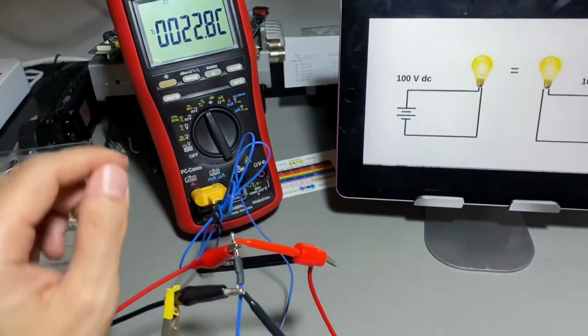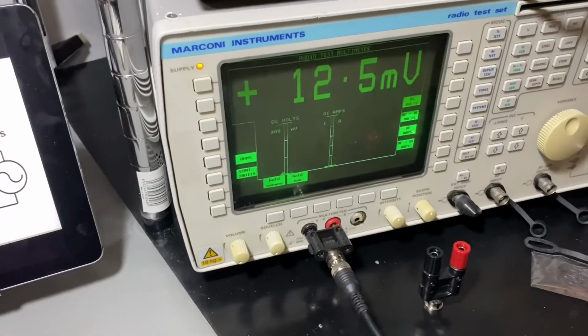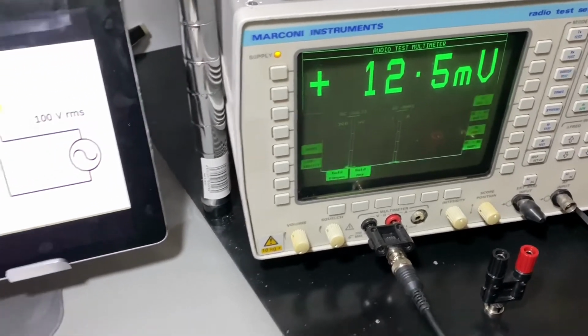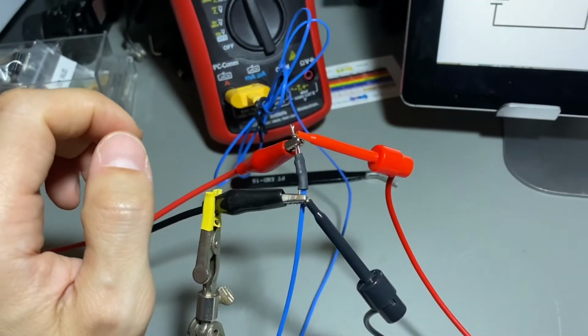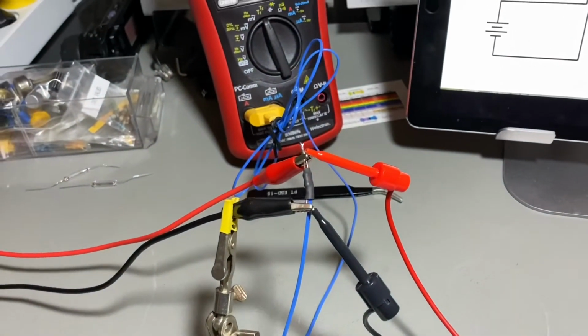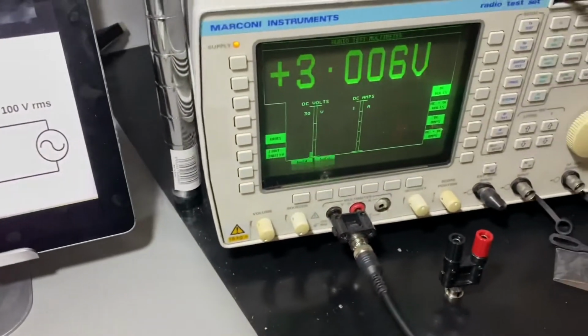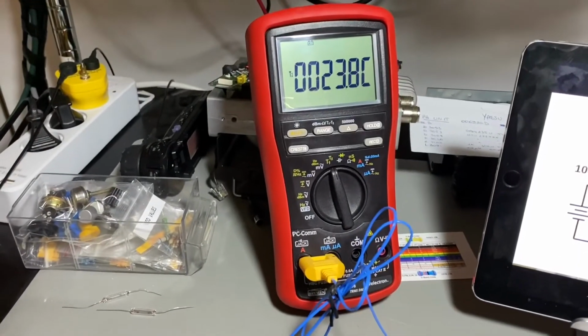We'll check the temperature here, and on these leads we are checking the voltage across the resistor. So let's start the DC source. DC source is on. The DC voltage is 3 volts, and the temperature is going up.